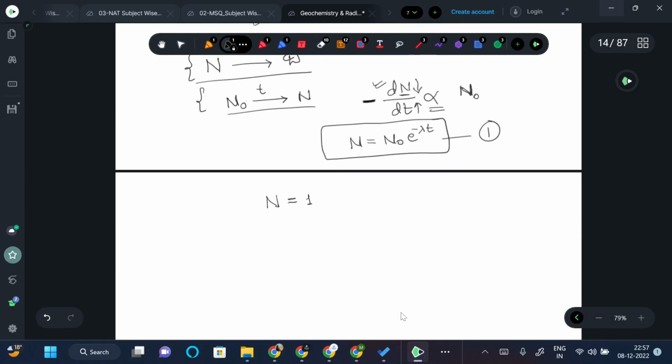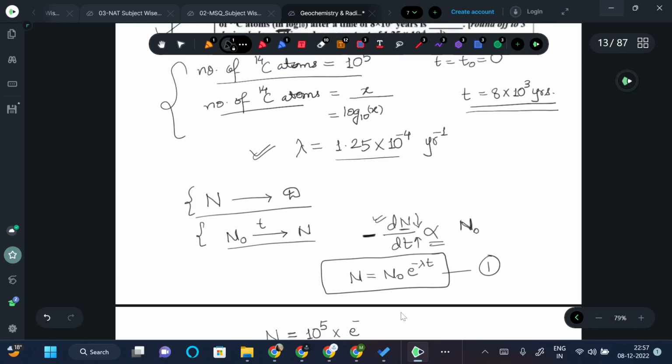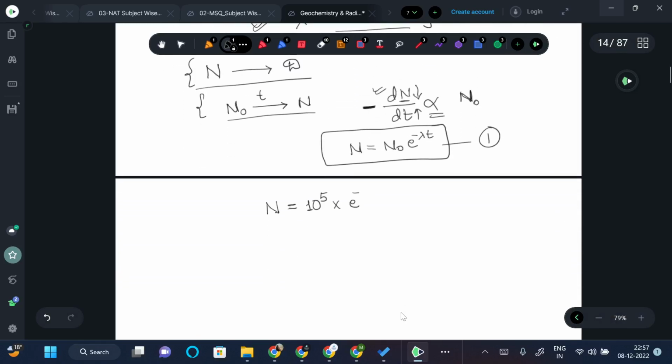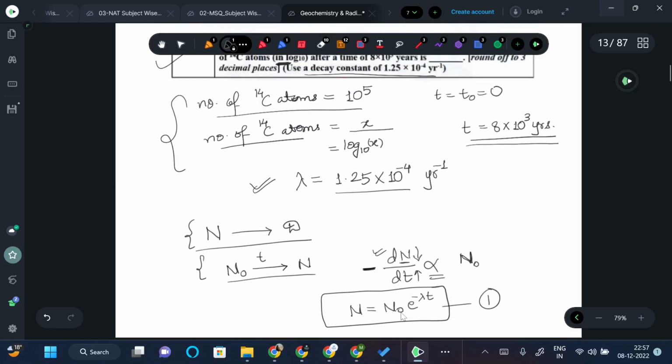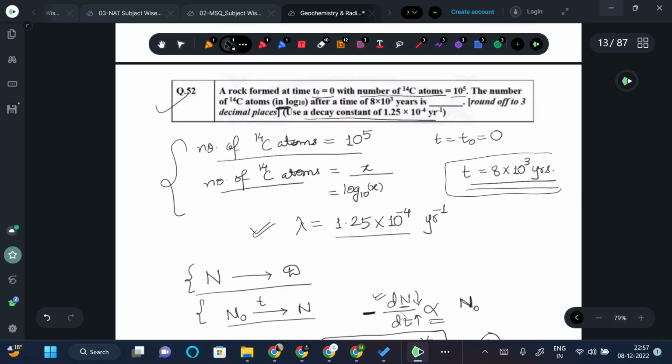N naught is 10 to the power 5. Okay, e to the power minus lambda, so lambda is 1.25 into 10 to the power minus 4. What is t? T is this, 8 into 10 to the power 3.